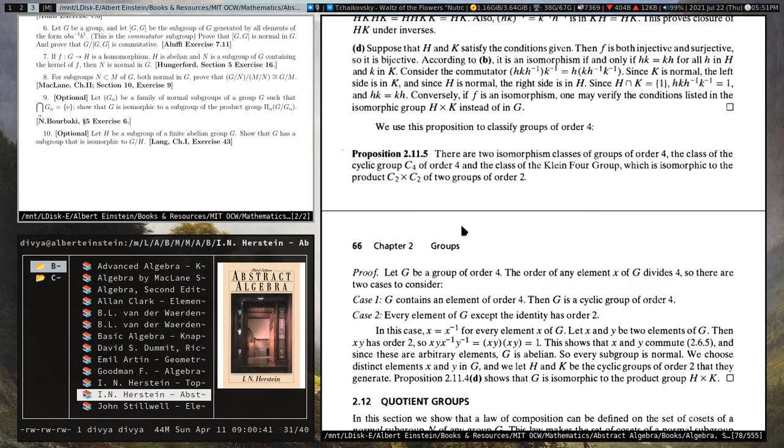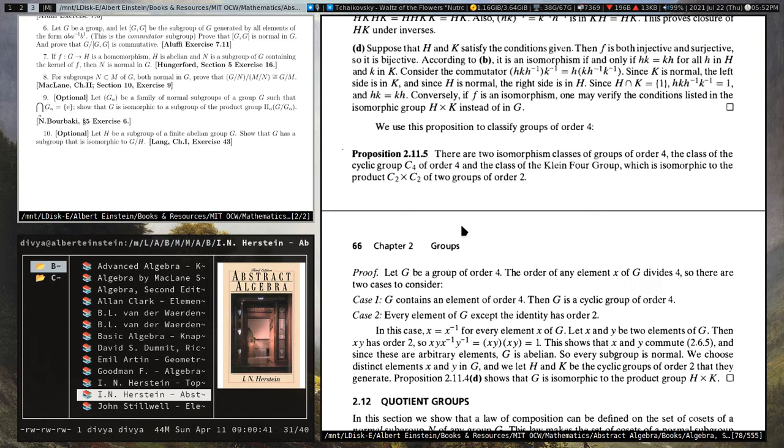Thus every subgroup is normal because the group is abelian. We choose distinct elements x and y from the group, and we take the subgroups H and K to be the cyclic groups of order 2 generated by x and y.